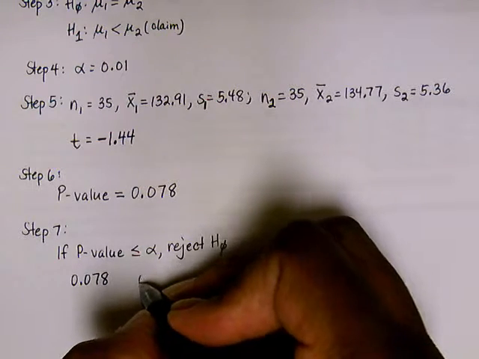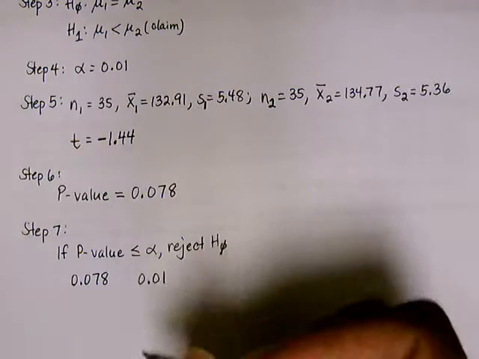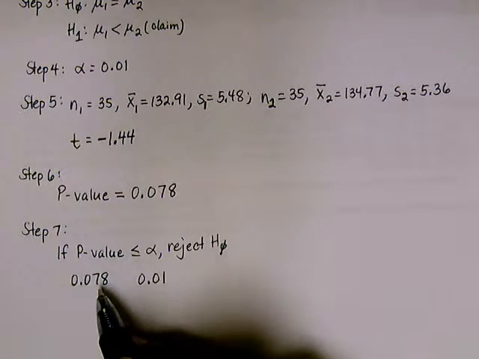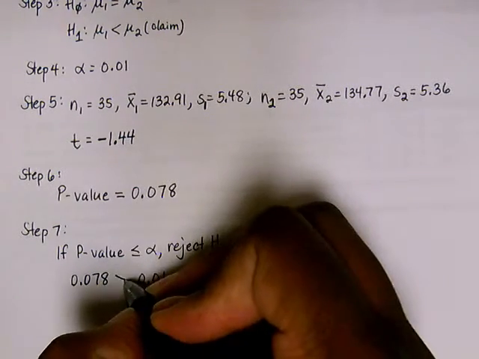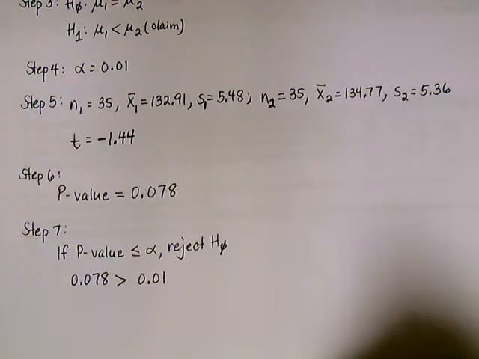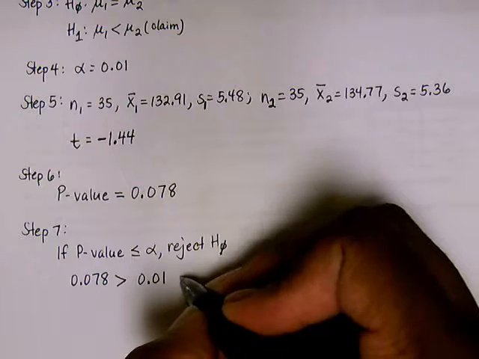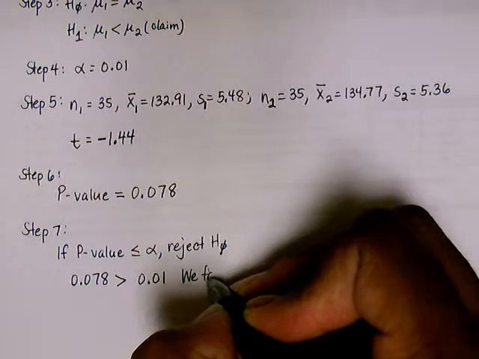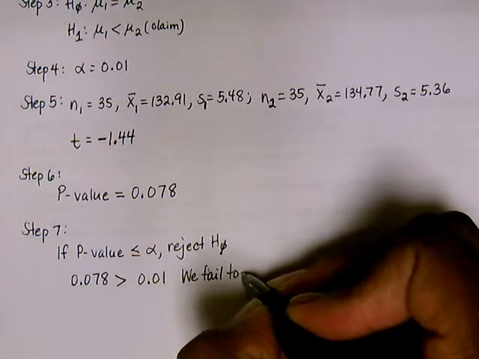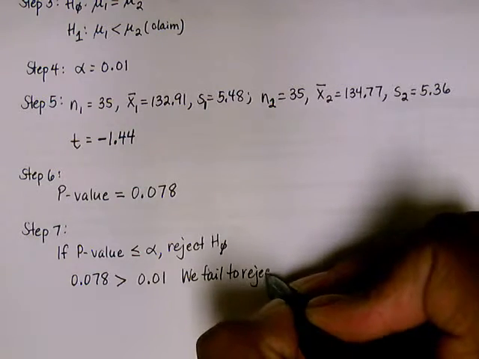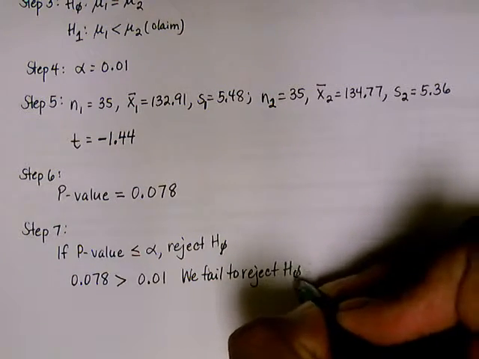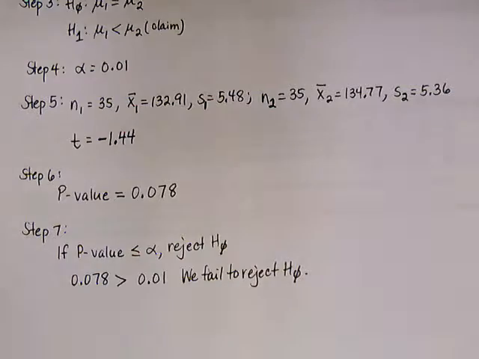Your alpha level is 0.01. Now if we compare, 0.078 is greater than 0.01. So this would not satisfy the decision rule, so that means we will fail to reject the null hypothesis.